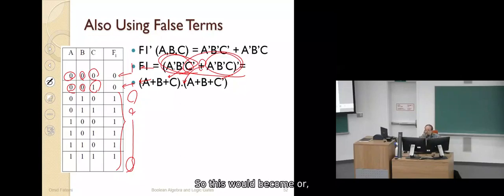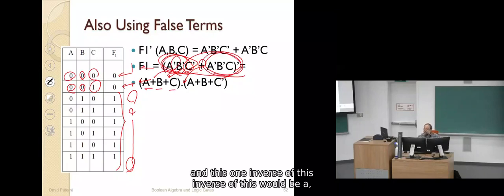So this and would become or, and each one is inverted. A prime becomes A, B prime becomes B, C prime becomes C, and invert of this would be A, B, C prime, with or. So that would be much easier. It is 2 terms: A plus B plus C and A plus B plus C prime.